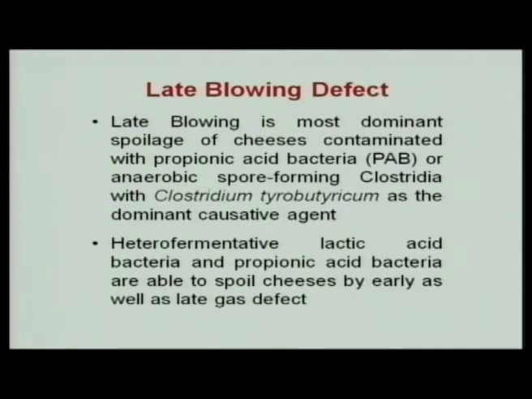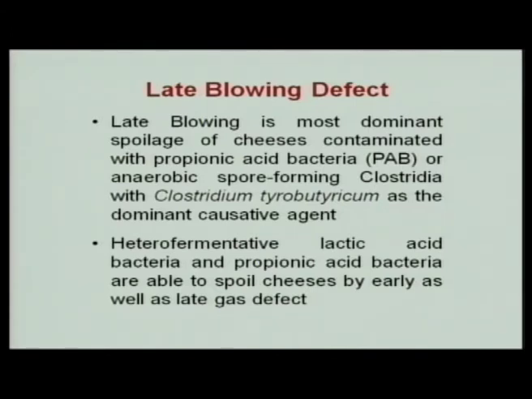Late blowing defect is, as I told, the most dominant type of spoilage of cheese contaminated with either anaerobic spore forming Clostridia, that is Clostridium tyrobutyricum or Clostridium butyricum, or propionic acid producing bacteria, which can utilize the end product of the starter organisms, that is lactic acid.